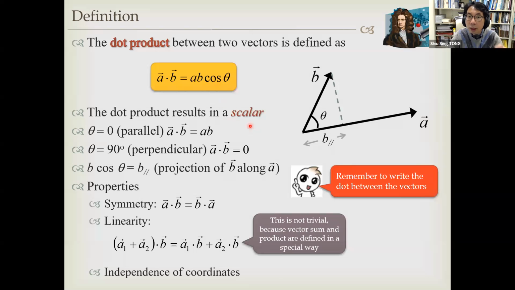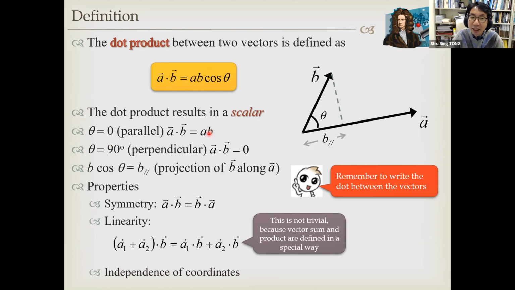So now you can have an appreciation of some special cases. When theta is zero, that means the two vectors are parallel. In that case, A dot B is simply AB. You can see when theta is zero, cosine theta is just one, so A dot B is just AB.